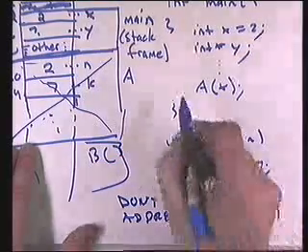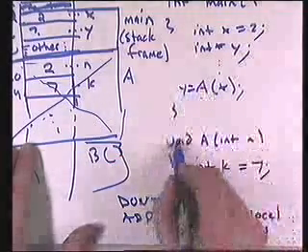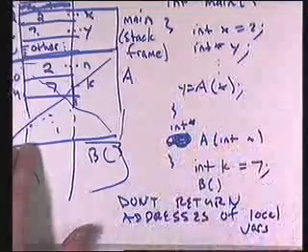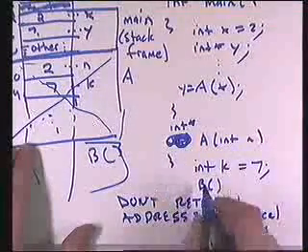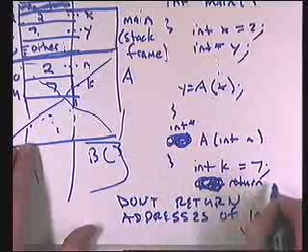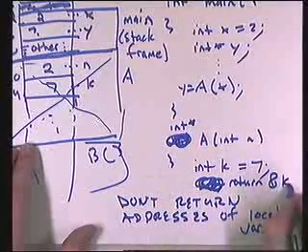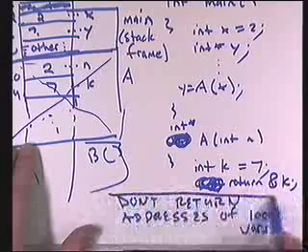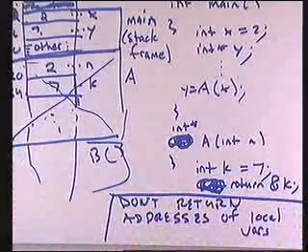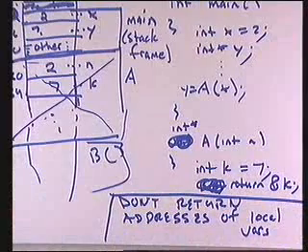So for example, if I had said y equals a of x, and my return type here was integer pointer, I may have said here as my second line, return the address of k. Instead of returning nothing, what I'm going to do here is return the address of k.